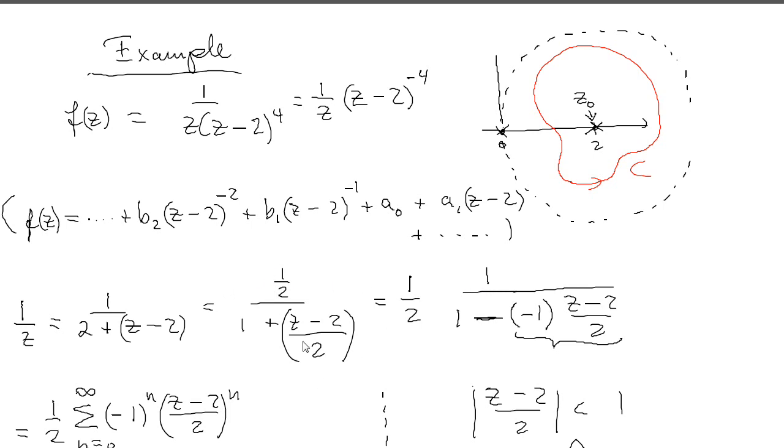Then I obtain this result. Now I see that I have some 1 plus a variable here. In the formula for the geometric series, I need a minus here.